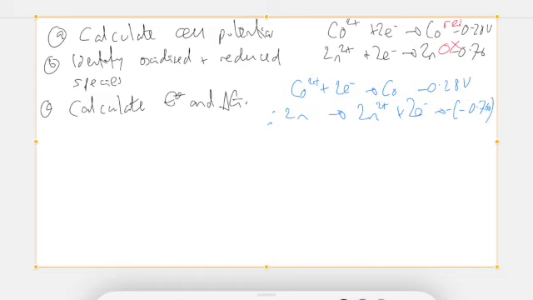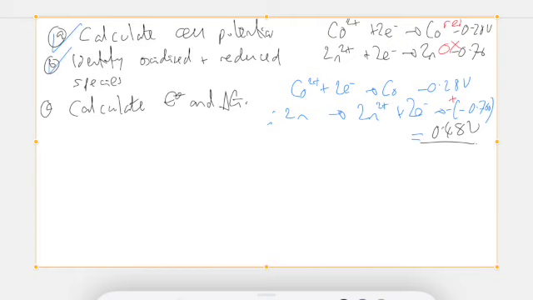Now with the sign changed, hopefully. There we go. Add them together, and we end up with an E0 of... Are you excited? Are you sitting comfortably? 0.48 volts. Very good. It's a positive 0.48 volts.